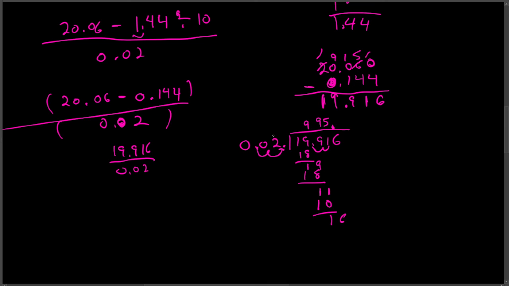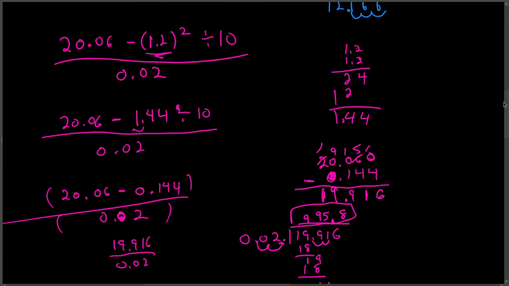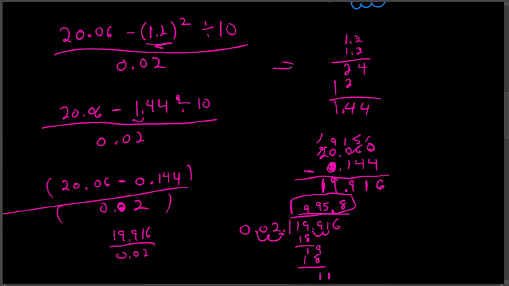Now bring down the 6. 2 goes into that 8. And so 995.8 is our answer. Order of operations stays the same. You just have to do some side work to keep it clean.